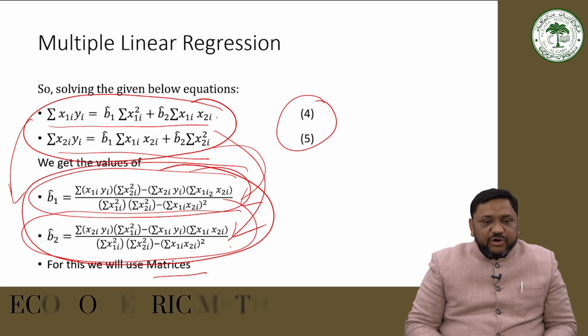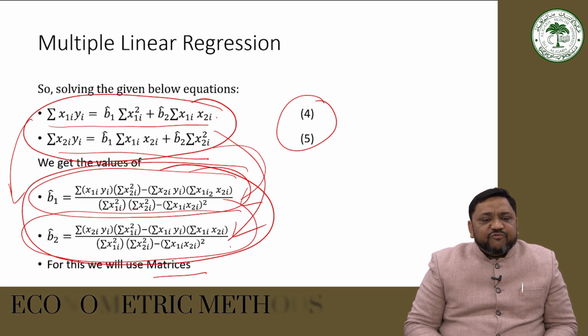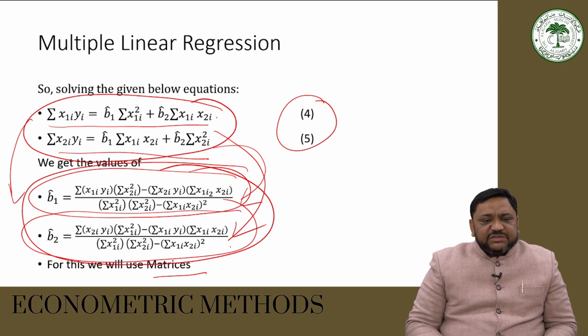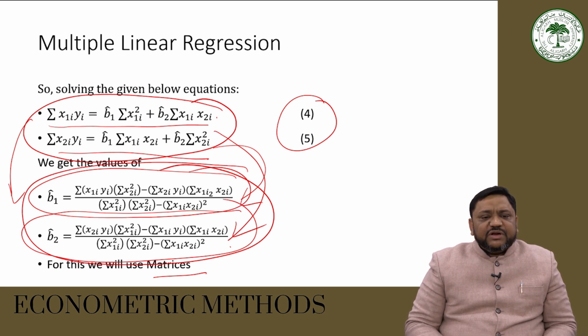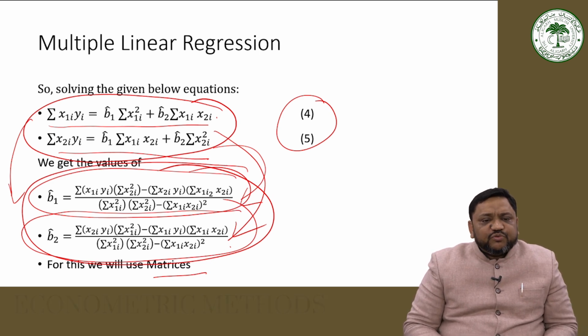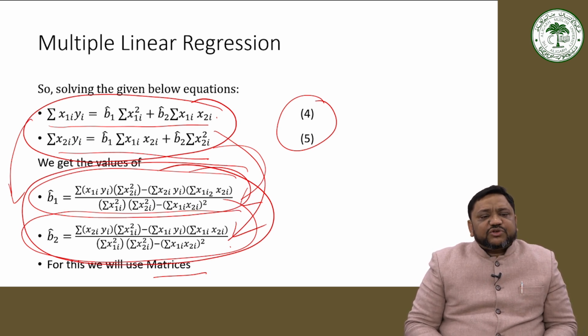b1 hat is equal to summation x1i yi multiplied by summation x2 square, minus summation x2i yi multiplied by summation x1i x2i, divided by summation x1 square multiplied by summation x2 square minus summation x1 x2 whole square.